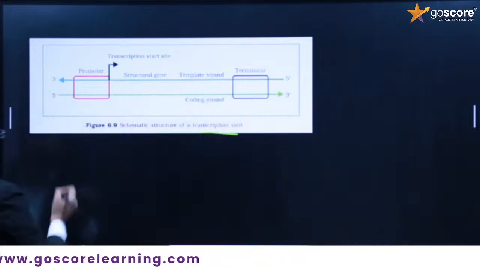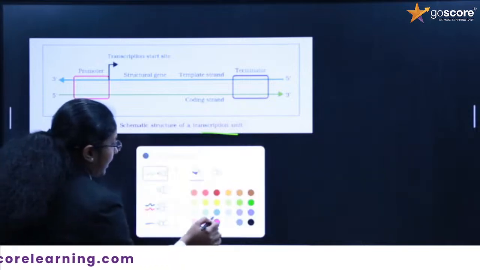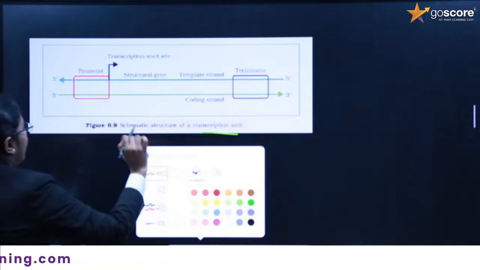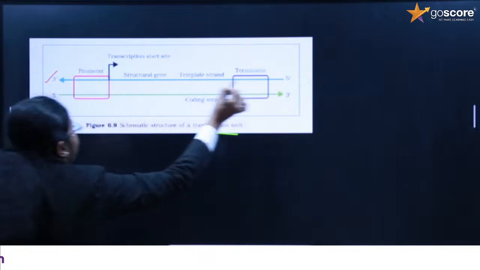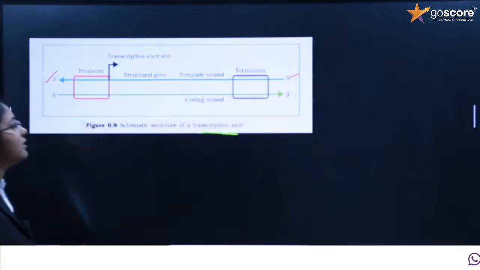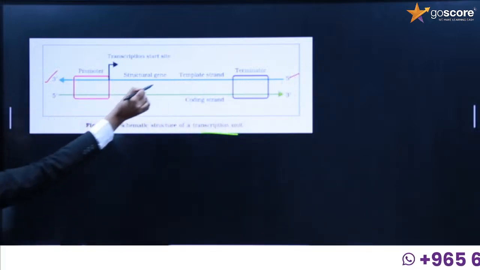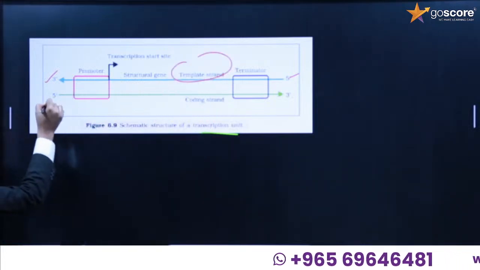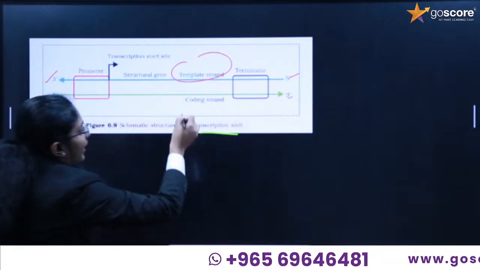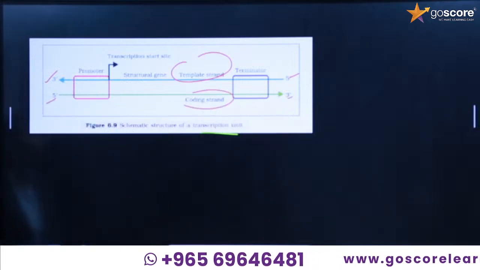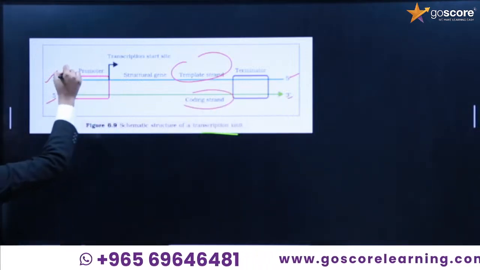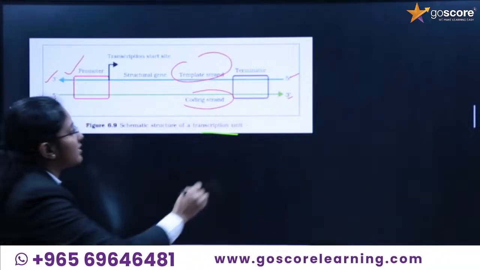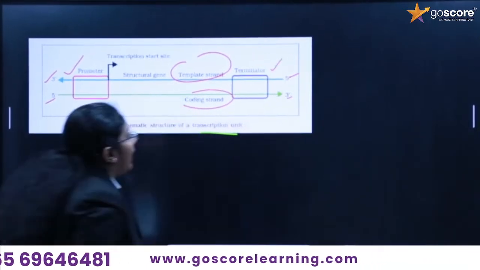Okay, we can see a 3 prime 5 prime strand, and that strand is known as the template strand. The next one is the 5 prime 3 prime strand, and that strand is known as the coding strand. Here you can find a promoter site, and here a terminator region.